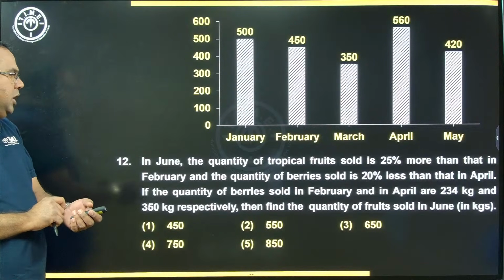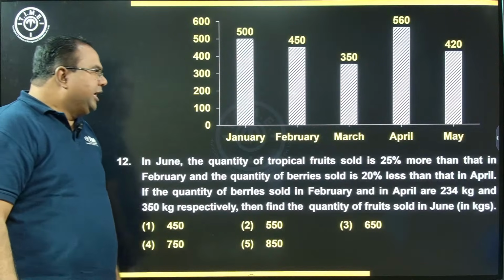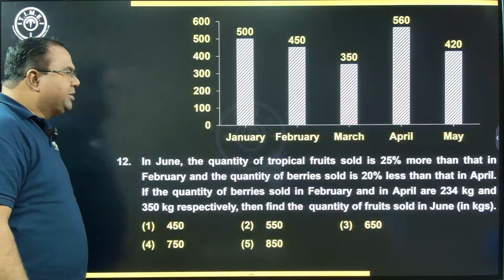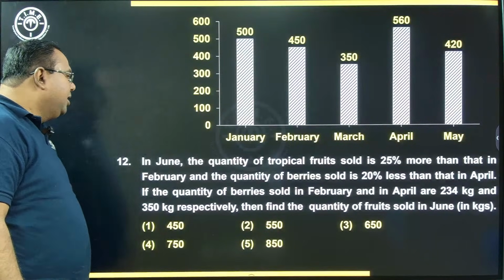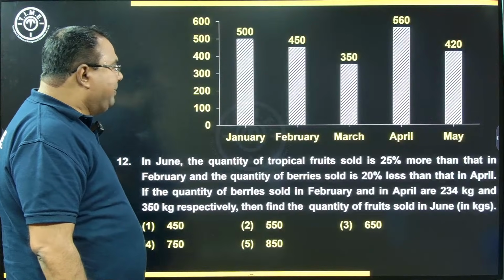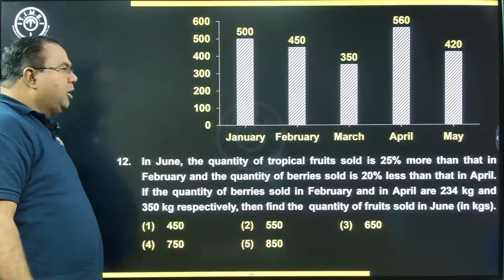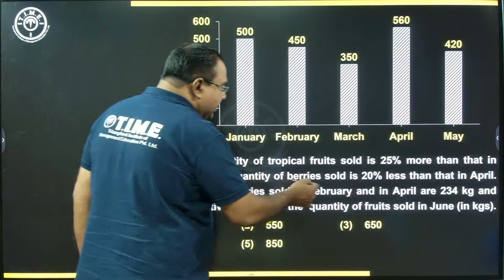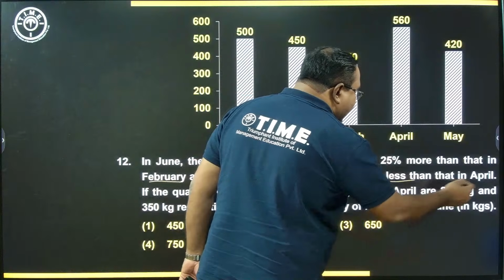In June, the quantity of tropical fruit sold, the month of June is not given to us in the graph. He is giving some information: it's 25% more than February, and the quantity of berries sold is 20% less than April. So in June, tropical fruits are 25% more than February and berries 20% less than April.